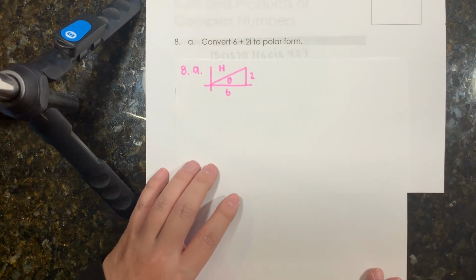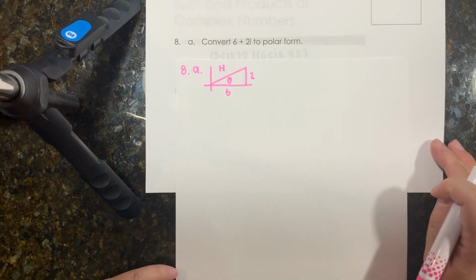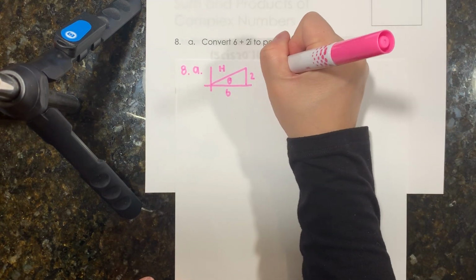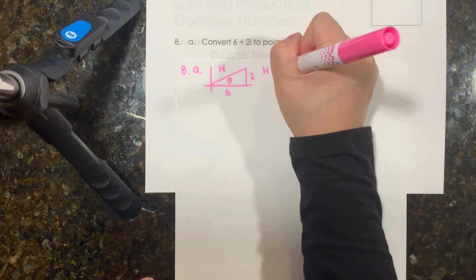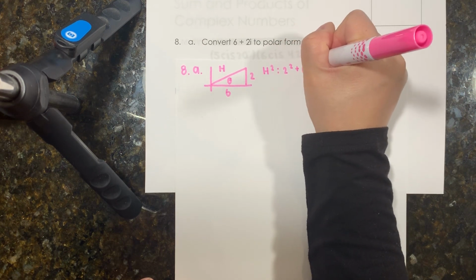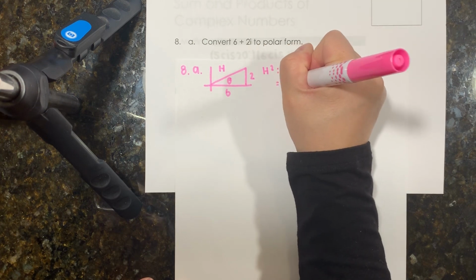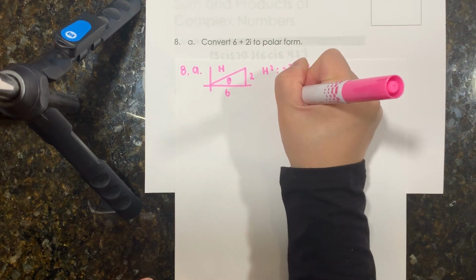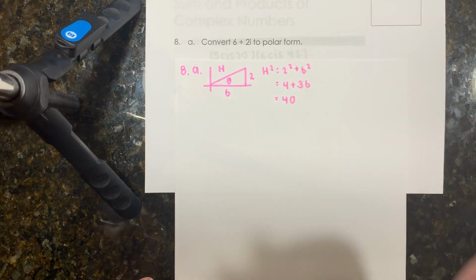So I said this is working exactly the same as we were before going from rectangular to polar. So we're going to use Pythagorean theorem to solve for your hypotenuse. So h squared equals 2 squared plus 6 squared. So 4 plus 36. That gives us 40.